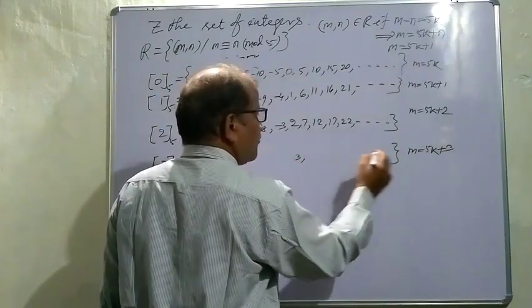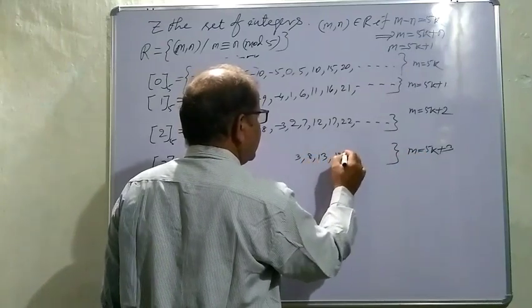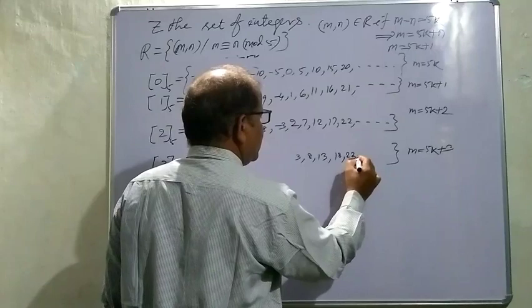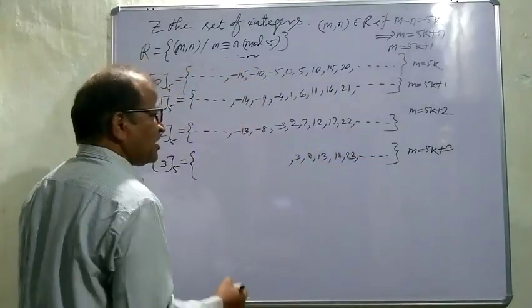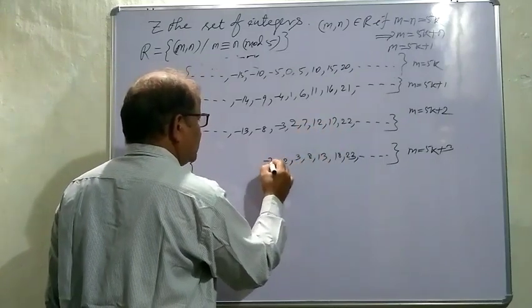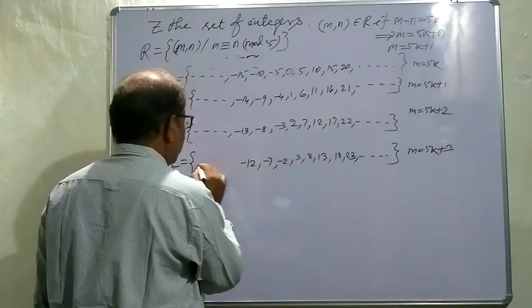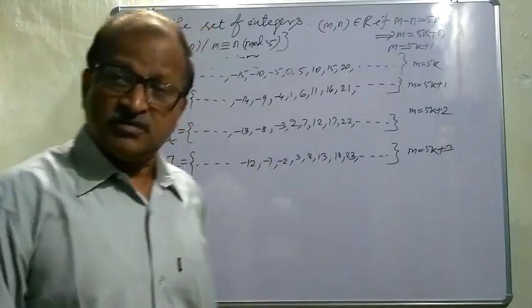Then for 1, it is 8, 13, 18, 23 like this. And for k is equal to minus 1, minus 5 plus 3, it is minus 2, minus 7, minus 12 like this. This is the equivalence class of 3.